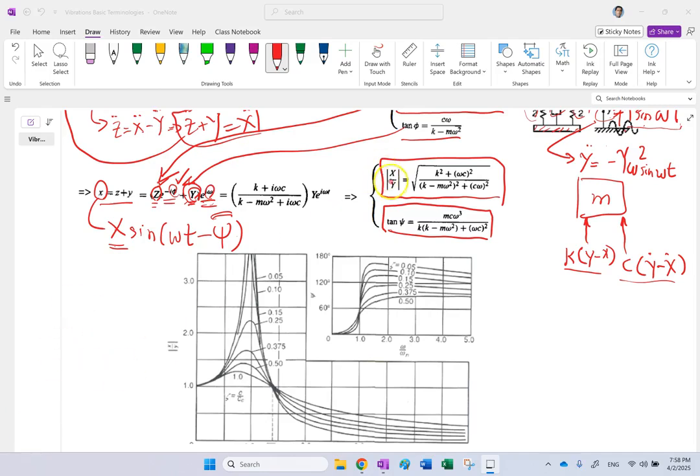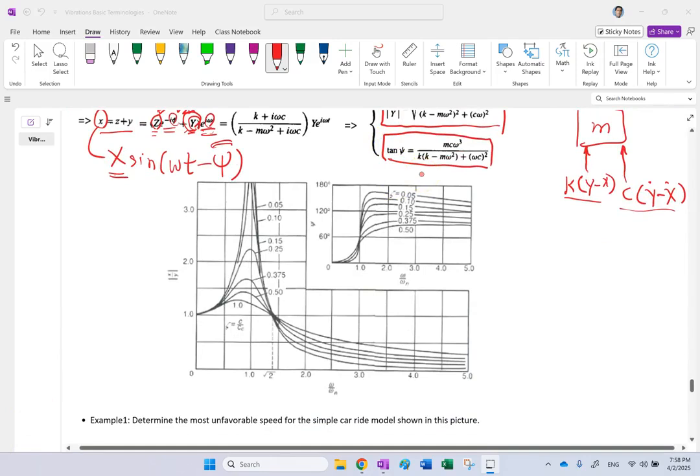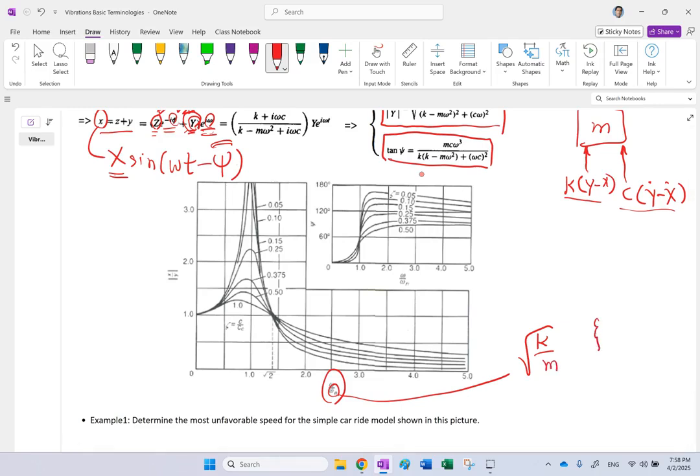So I can plot this magnitude X over Y versus omega over omega n. And again, this omega n here is the square root of k over m. And the zeta here, remember, that is c over 2 square root of km, or c critical. So the definition of omega n and zeta is exactly the same as before. So if you plot that, you're going to see again for zero damping in the system, you are going to have an infinite resonance right at omega equal omega n.